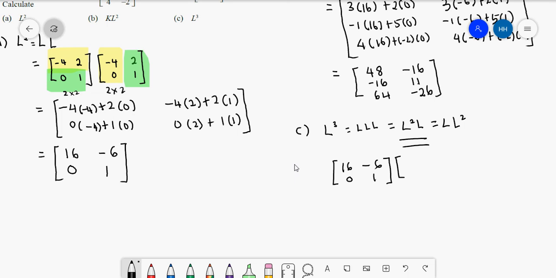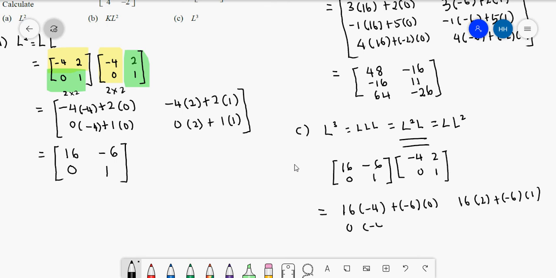L is negative 4, 2, 0, 1. And then I multiply 16 times negative 4 plus negative 6 times 0. And then 16 times 2 plus negative 6 times 1. 0 times negative 4 plus 1 times 0. And then 0 times 2 plus 1 times 1.